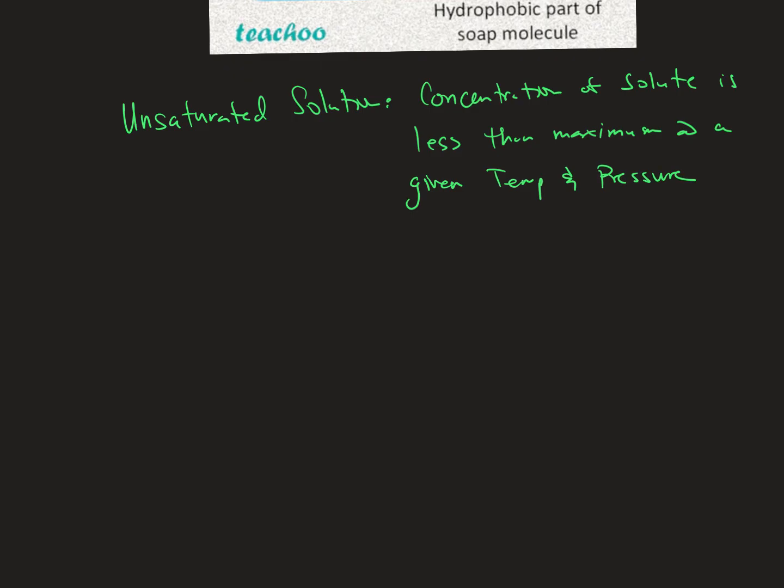Less than max. That means we can still dissolve more if we want. So most solutions are going to be unsaturated: less than maximum at a given temperature and pressure.